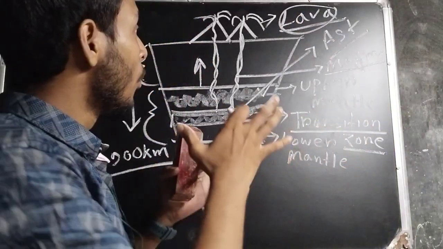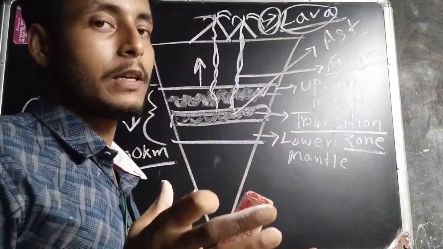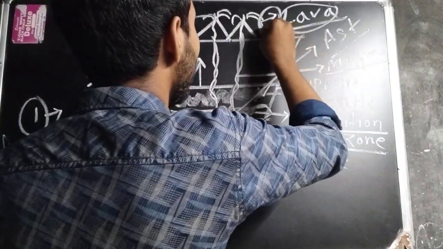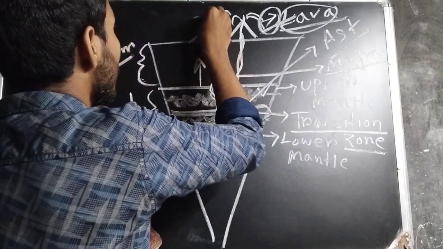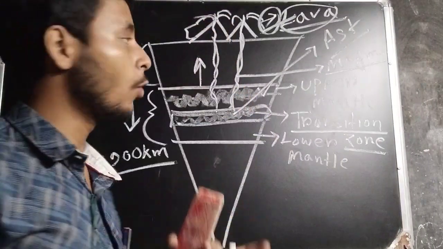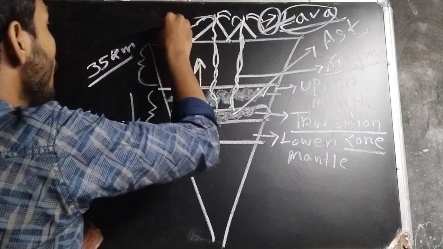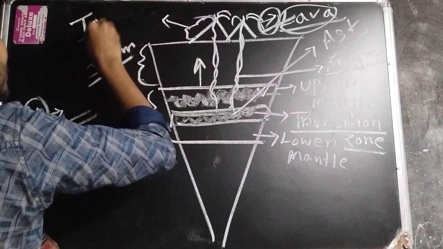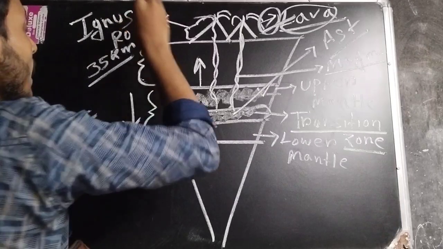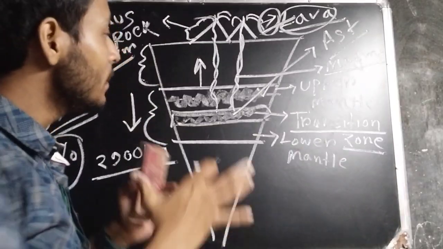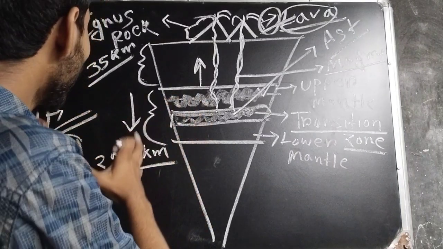When lava comes out from a volcanic eruption and comes in contact with the cool air, it forms igneous rock, I-G-N-E-O-U-S rock. So we have learned a lot about the mantle portion.